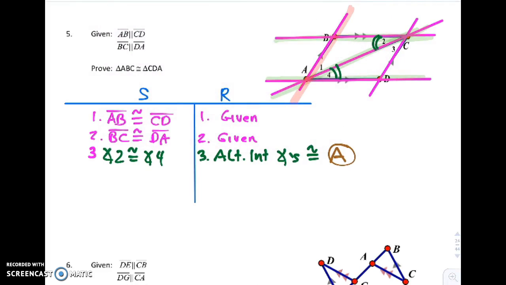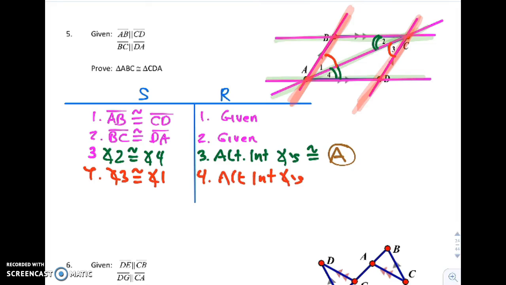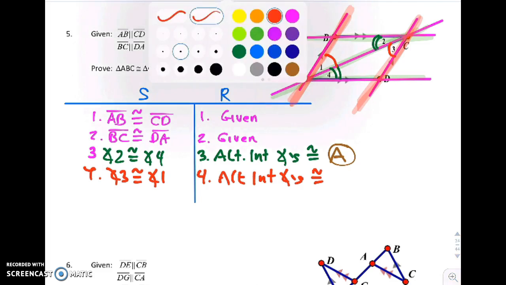I have this one and this one. And they have a transversal, same one, but that makes angle 3 and angle 1 congruent. So angle 3 is congruent to angle 1 for the same reason. Alternate interior angles are congruent.